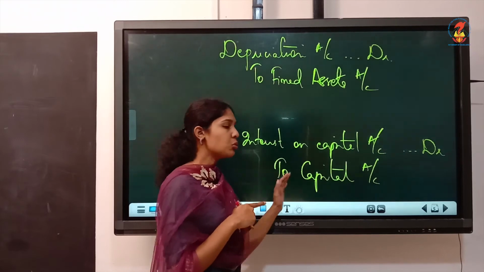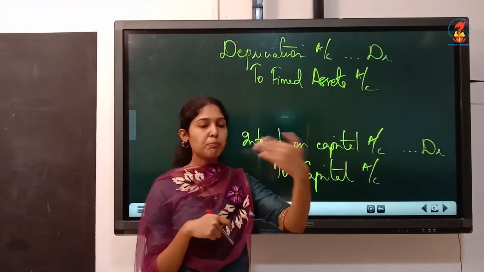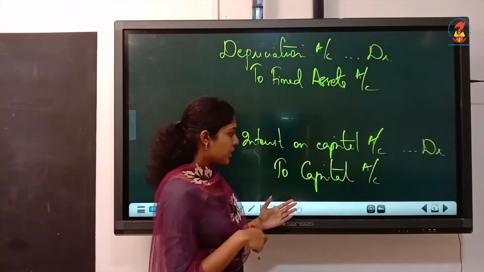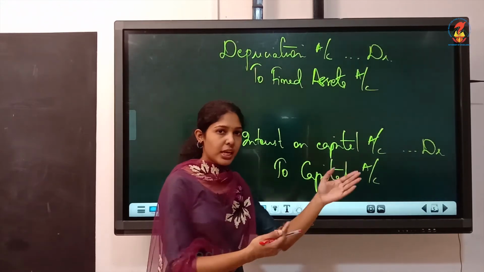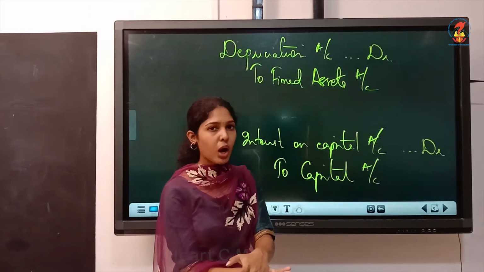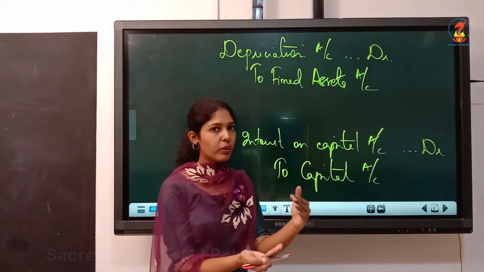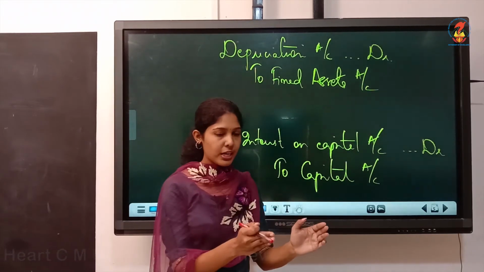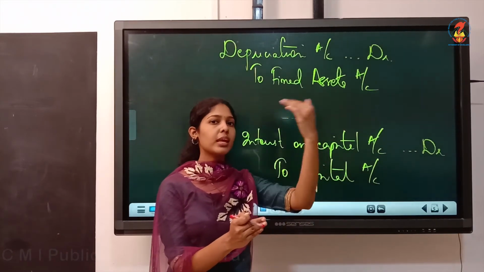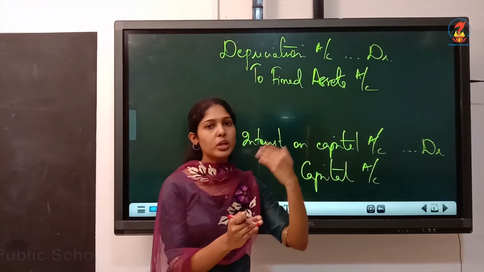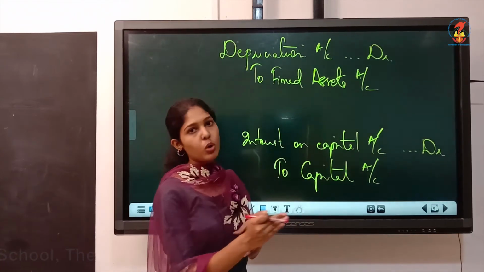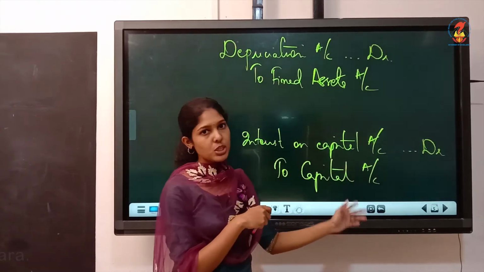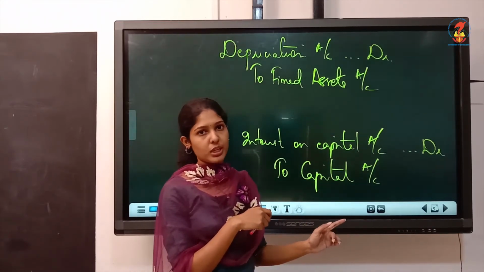So you can write to cash when you pay, but we haven't paid anything right now. So here, why we credited capital? It is to the capital account you are adding. So capital account will increase. Capital account normally has a credit balance. Now that will increase means again you have to credit it. It is to the capital you are providing. So interest on capital debtor to, don't write to cash. It is to capital you have to write.